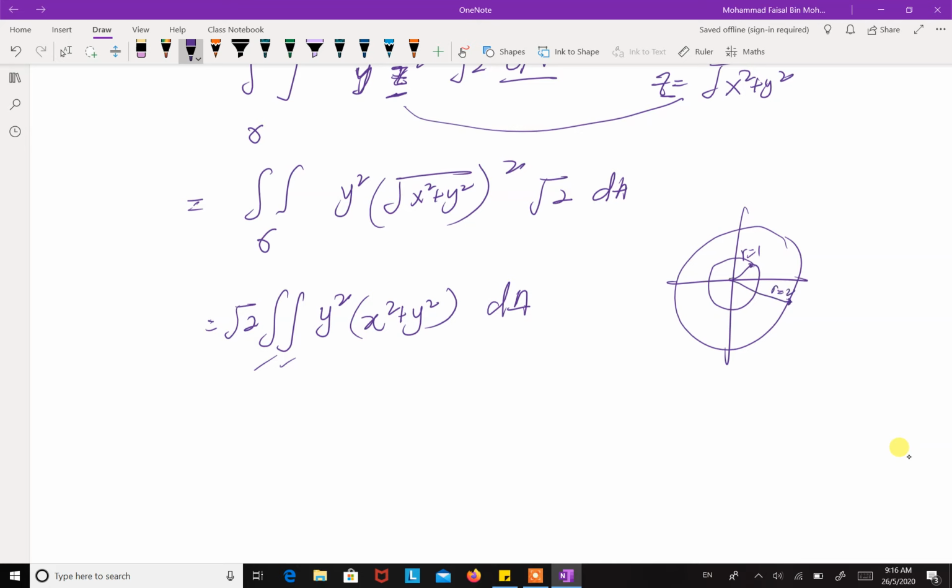So the area is outside because it's in between. So the angle for sure is from 0 to 2 pi. Theta is from 0 to 2 pi, and then your r should be 1 to 2 because we want this area, this part. So your r equals 1 to r equals 2.